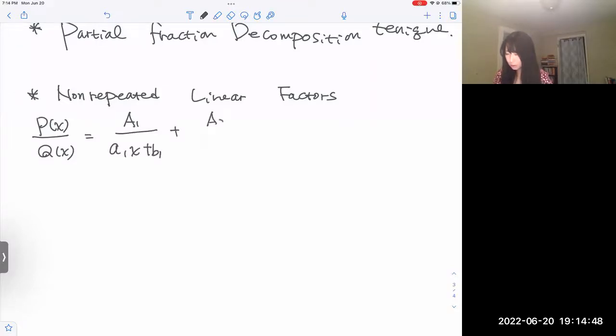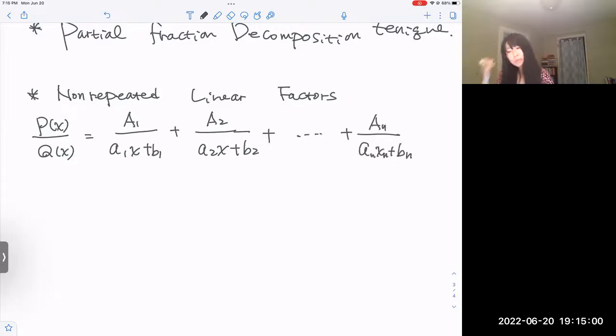Just notation, okay, the form. So if we see this kind of a form, then we call non-repeated linear factors. Okay, so let me show you how it looks like.